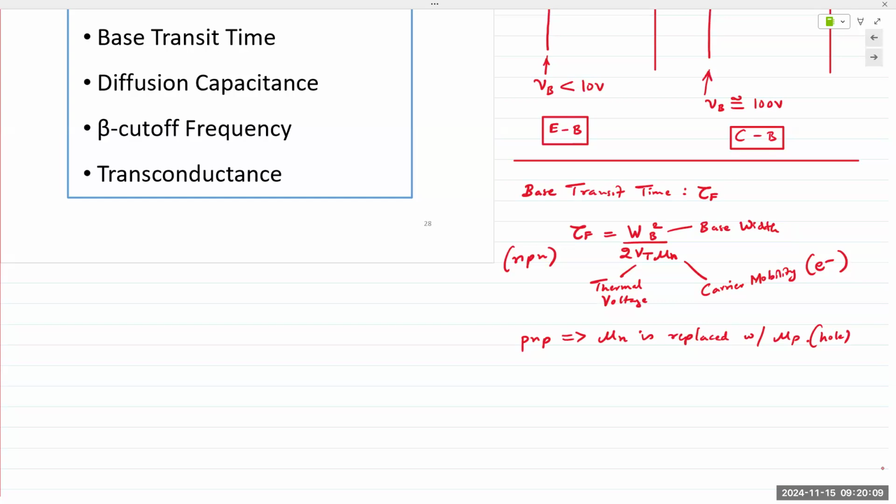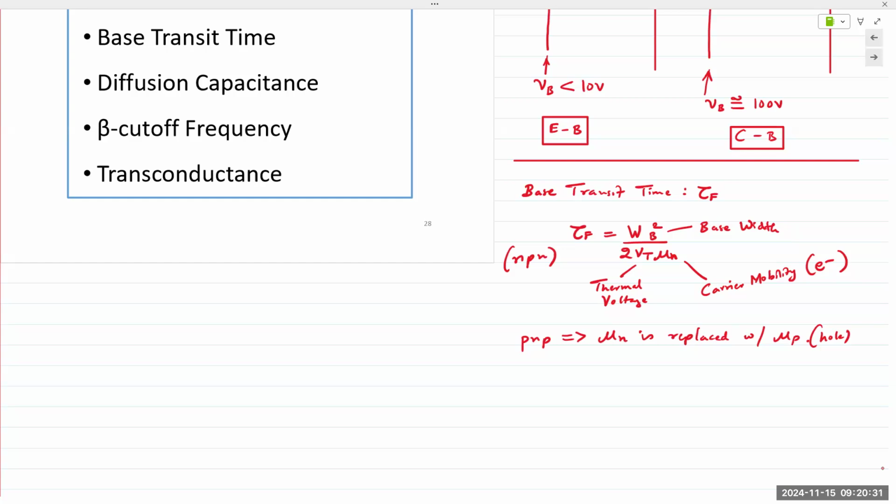Also, second, the transit time places an upper limit on the frequency that can be applied to a BJT. If the transit time is higher than the period of the frequency being applied, the BJT will not be able to respond to the AC signal.